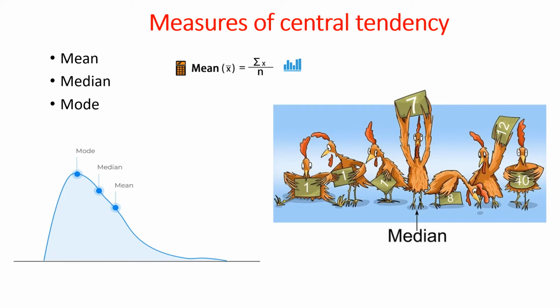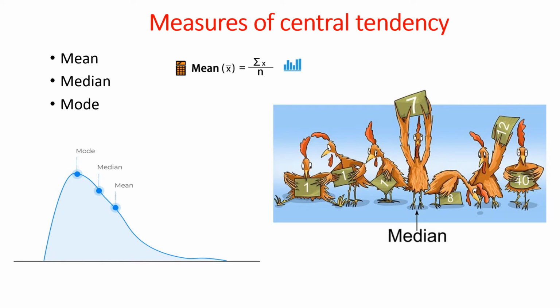The very first question people ask you is, what is the mean of the response time? How long does it take for the sample on average to name an object? That is called mean or average.